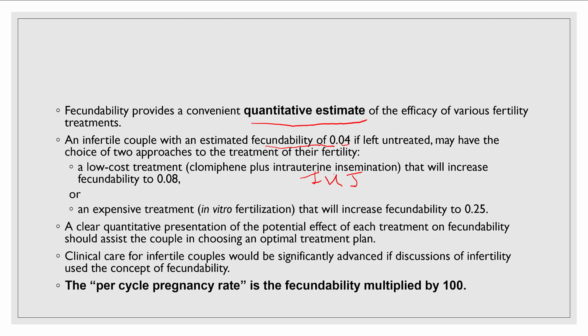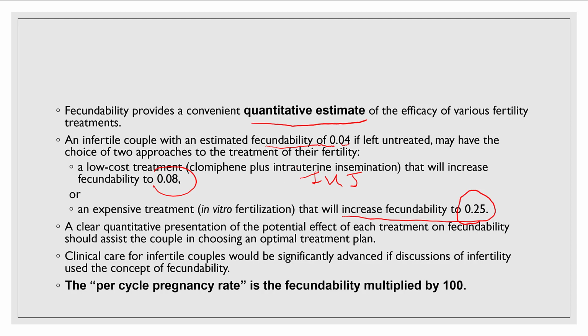The low cost IUI and clomiphene treatment will increase their fecundability from 0.04 to 0.08. Whereas IVF, because it's more advanced, will increase the fecundability to 0.2 or 0.25. But the downside is it's 10 times more expensive, or even 100 times more expensive than the low cost treatment.